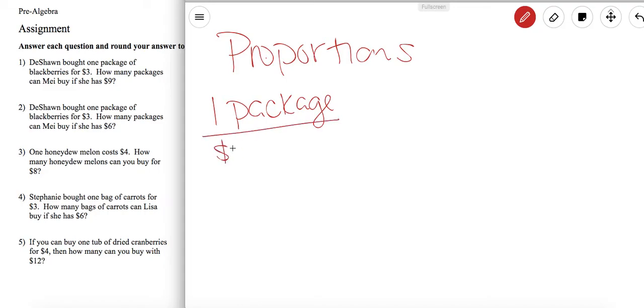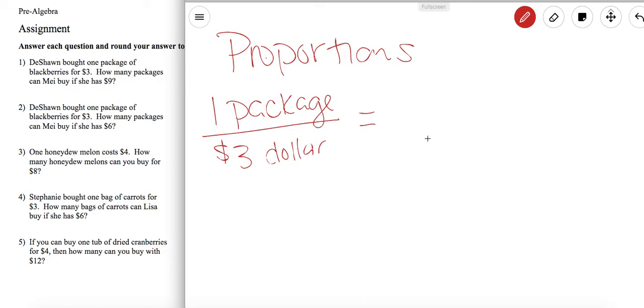over $3. And I'm going to show you in a little bit, it doesn't matter if you put packages on top or dollars on top. I'll show you both ways just to show you that it doesn't matter. Equals. Now let's read our second sentence. How many packages can Mai buy if she has $6? We were told $6.